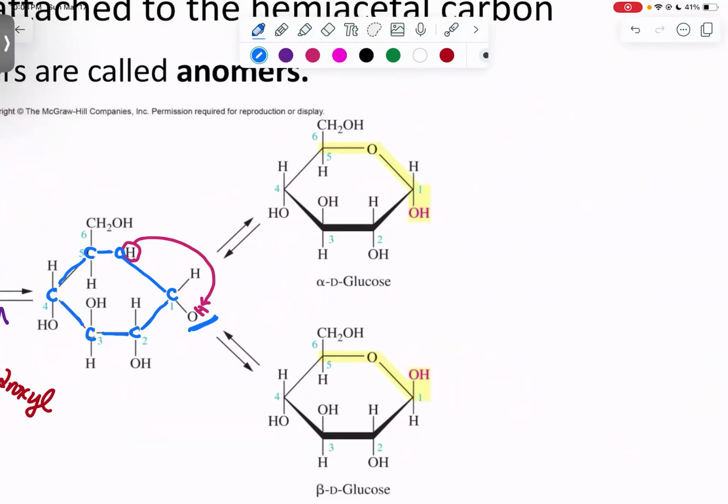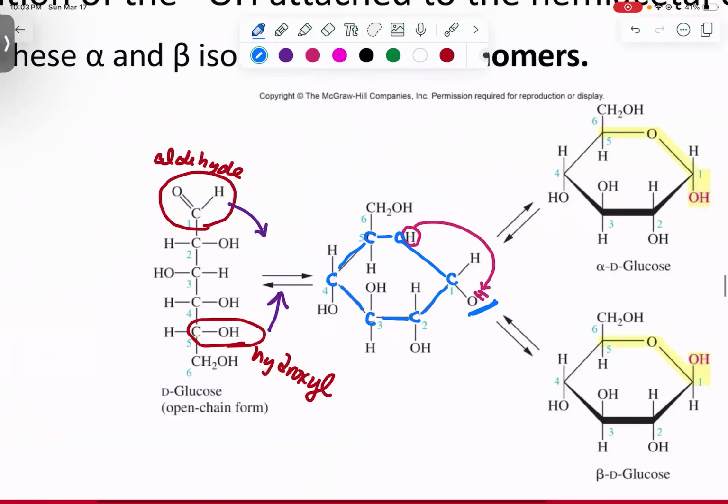So if something is on this side of the molecule, on the right, groups on the right are the ones that are going to end up being down.